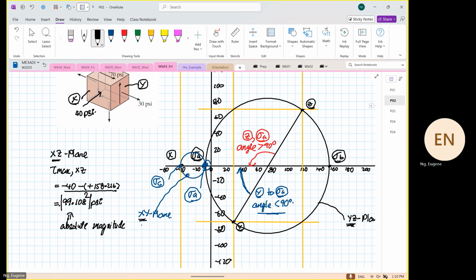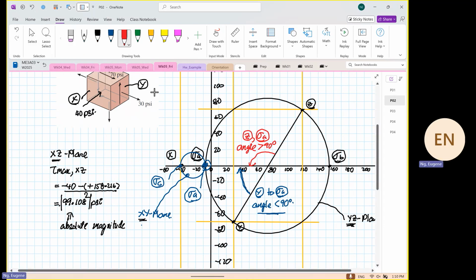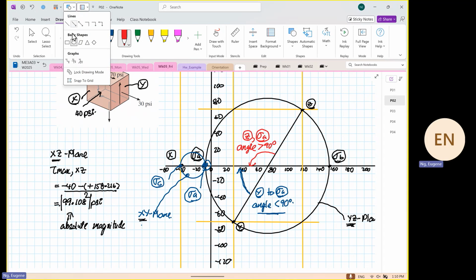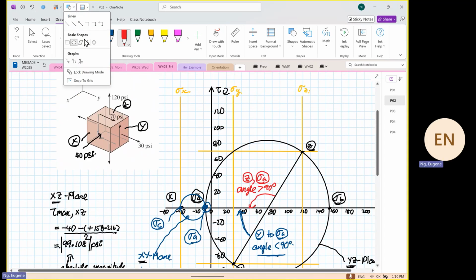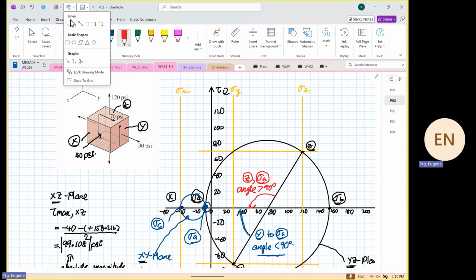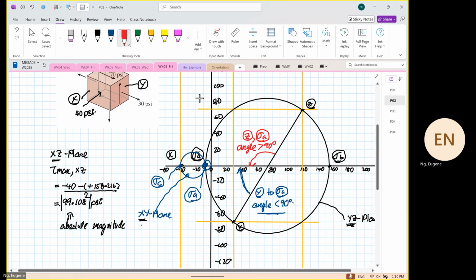Okay. So now we are going to construct our final circle. Our final circle will be somewhere, we're very sure, from here, and then it will go to here, and then you stop somewhere around here. Okay.